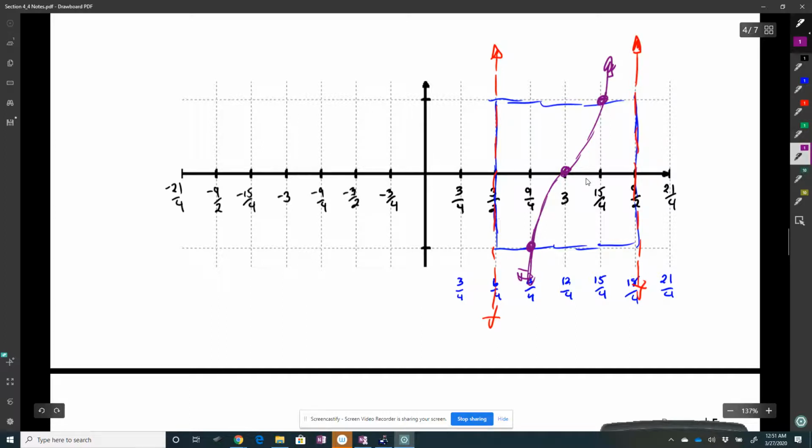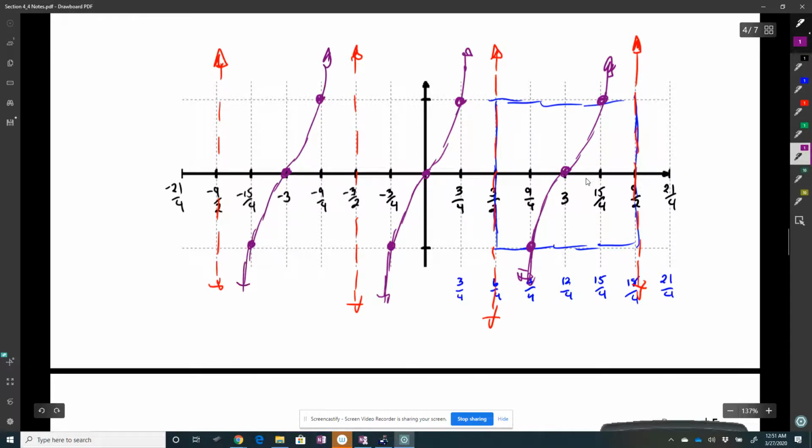And we kind of repeat the process. It's going to go with an asymptote, and then an asymptote. There you go.